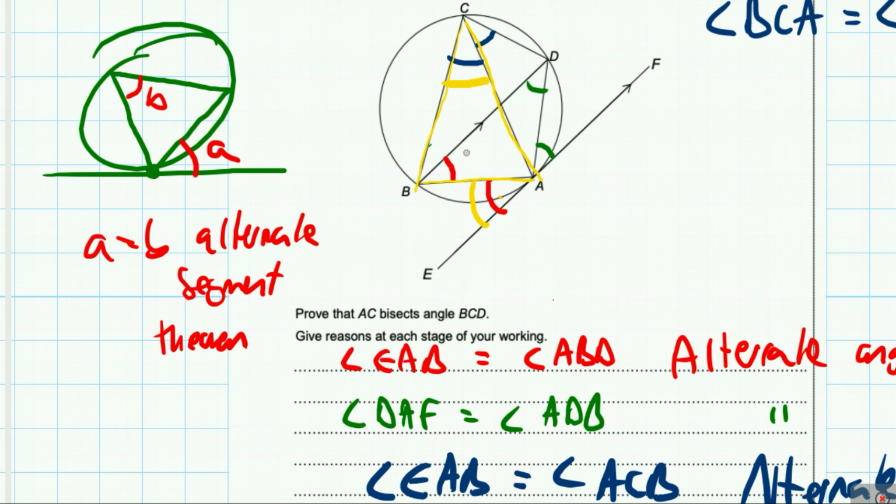I notice that there's a chord here with two lines going off it, and this is where we're going to get our answer. This makes a triangle off that chord, and there is also another triangle coming off the same chord, and therefore those angles equal each other.